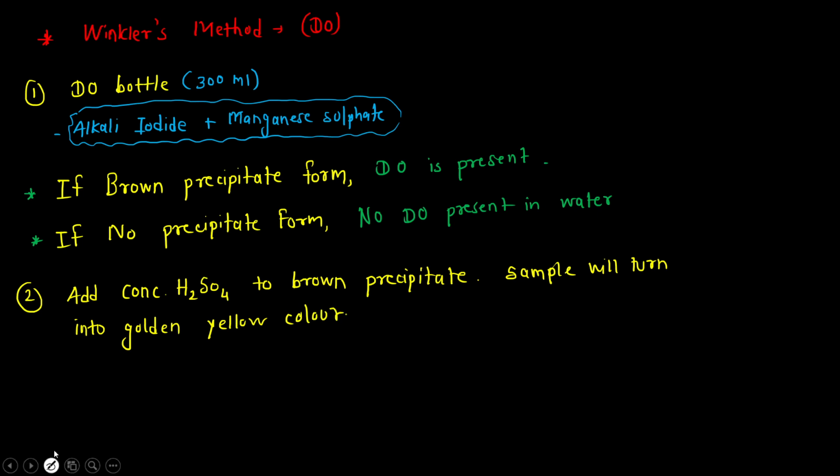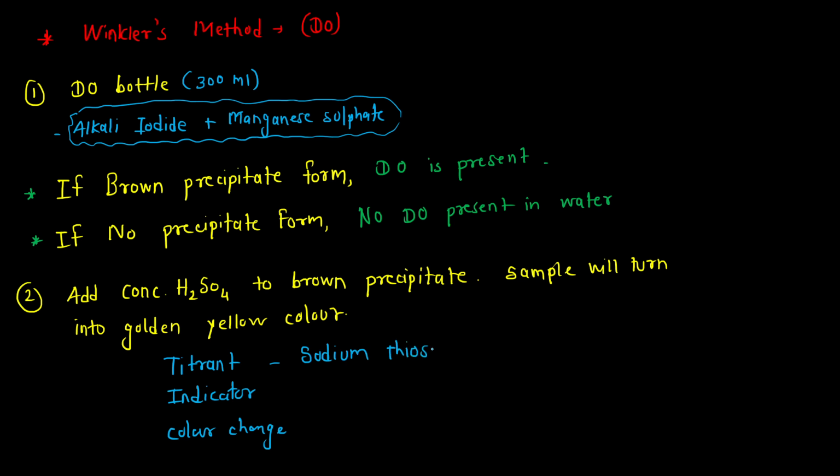Now once this sample is ready, now you can go for the titration. For the titration, we will use certain titrant, indicator and color change. So the titrant which we will use in this is called sodium thiosulfate. Indicator that we will use is starch, and the color change will be blue to colorless.